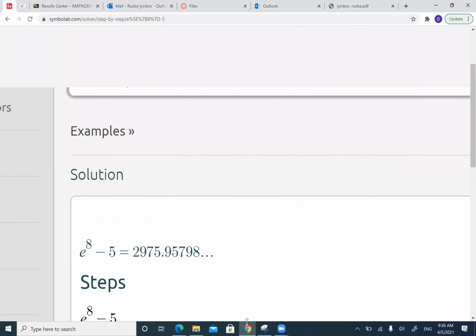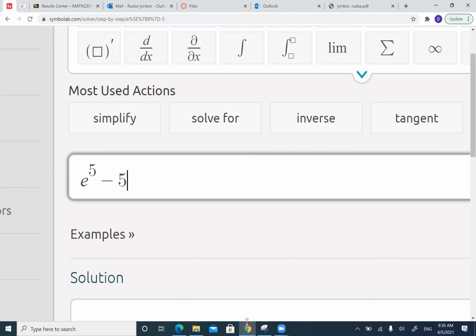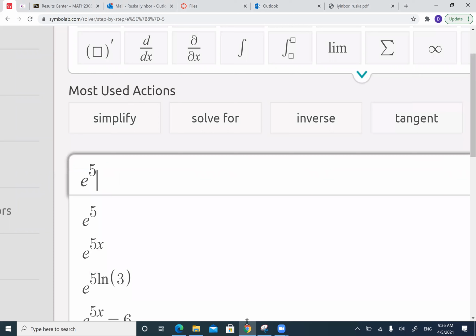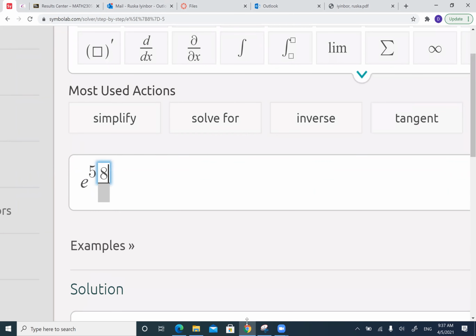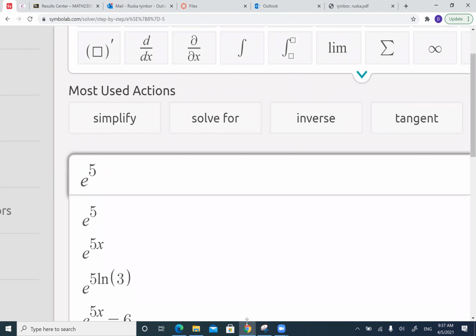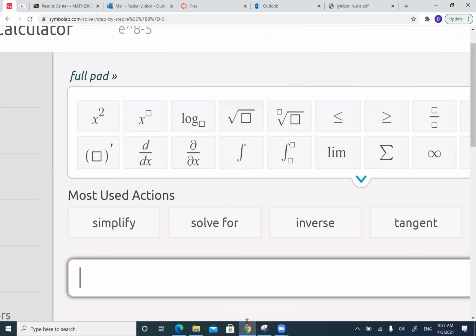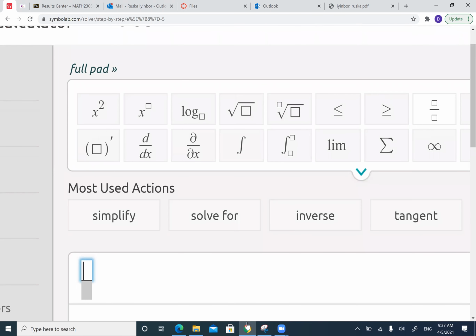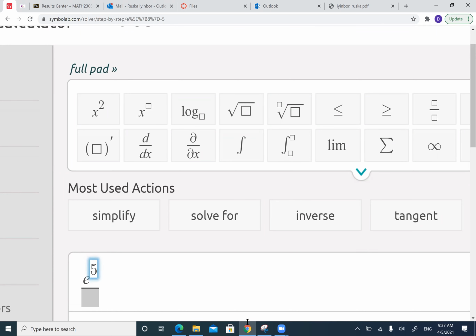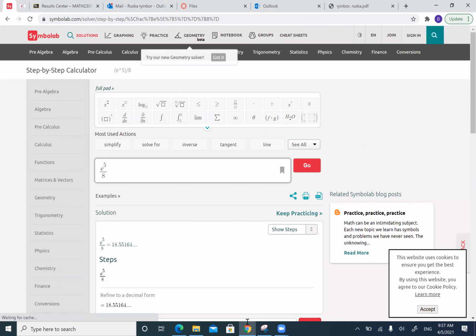I'm going to put e to the 5th divided by 8. Oops, sorry. I need to press exponent first, fractions, and then use exponent. Like that. And let's get the decimal.